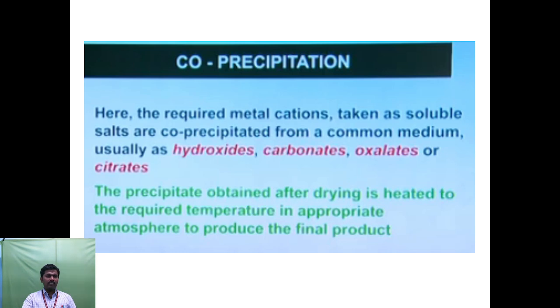Co-precipitation method. Here we require a metal cation taken as a soluble salt to co-precipitate from a common medium, usually hydroxide, carbonate, oxalates or citrate. The precipitate obtained after drying is heated to the required temperature in appropriate atmosphere to produce the final product.